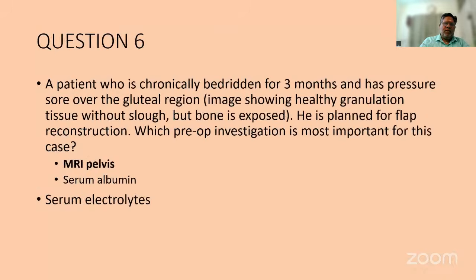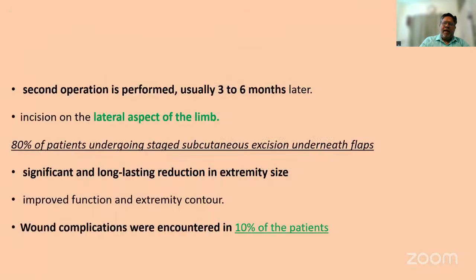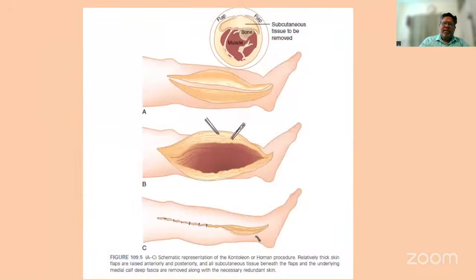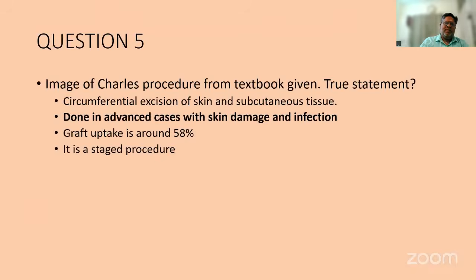The fifth question is about the Charles procedure, in which the deep fascia is also excised. The graft is taken from the excised skin as a full thickness graft. And Homan's procedure is raising two flaps and doing it as a two-stage procedure. Both are excisional procedures in case of lymphatics.